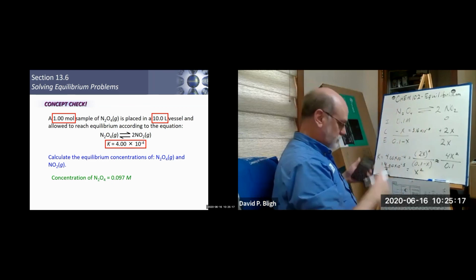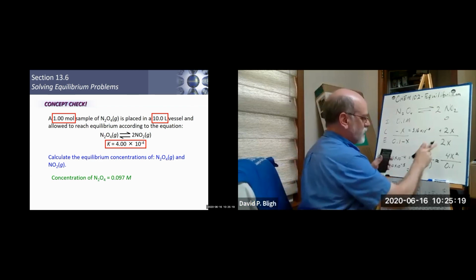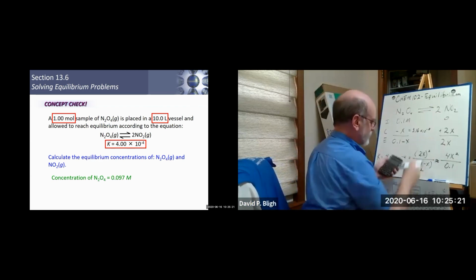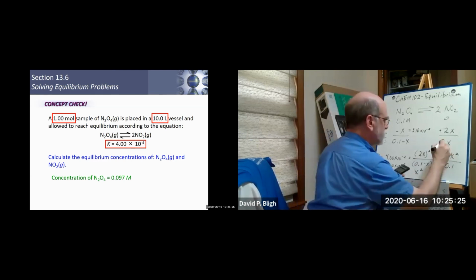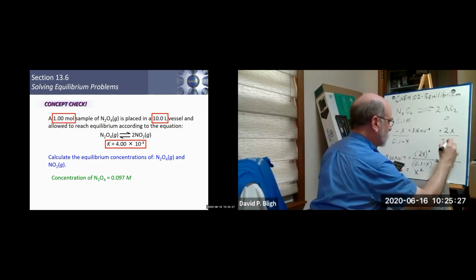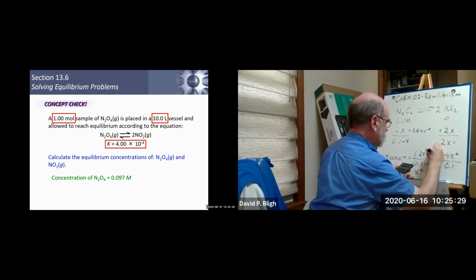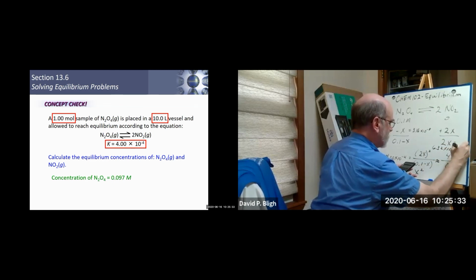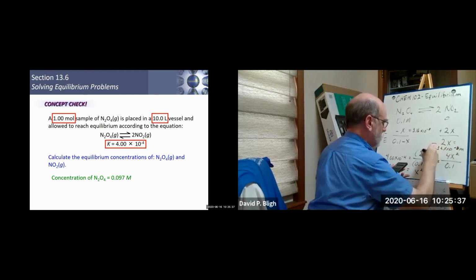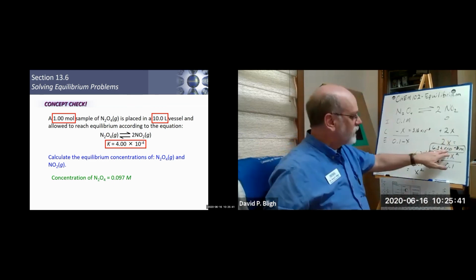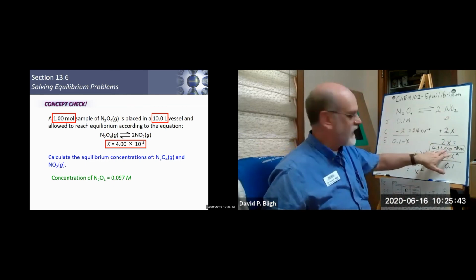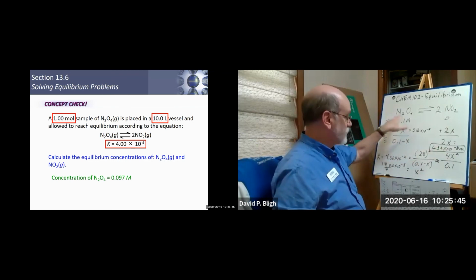Right? So that means this one is 2 times that, which is equal to 6.32 times 10 to the minus 3 molar. So we have very little of this, not much of that, but we still have lost some of that.